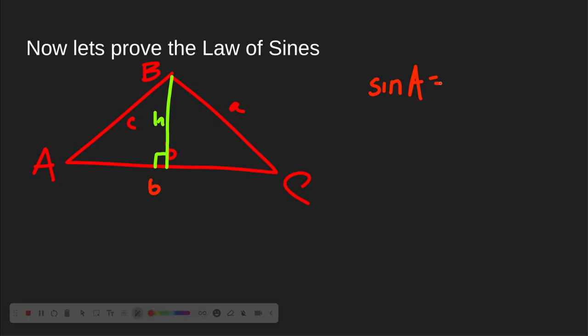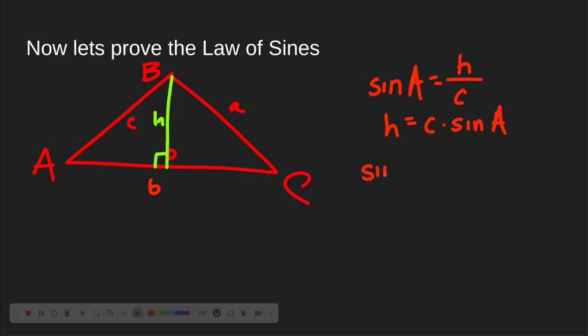So what's opposite from angle A in the right triangle? H. What's the hypotenuse of the triangle on the left? It's C, right? Got it? So for this one, H would be C times the sine of A. Everybody good with that?